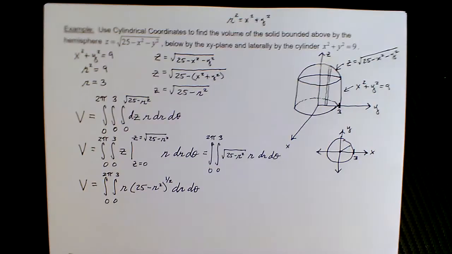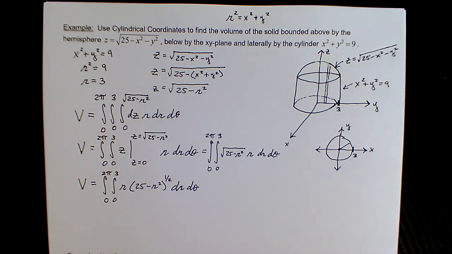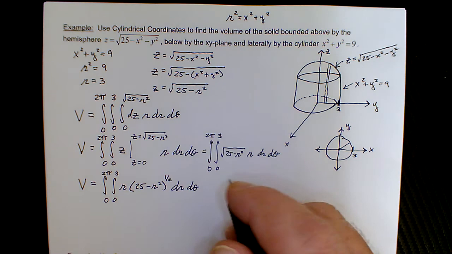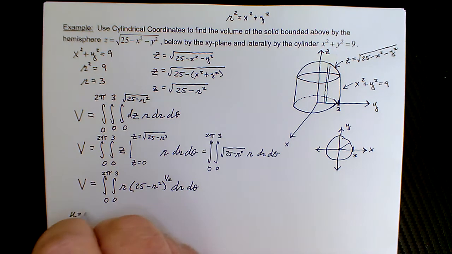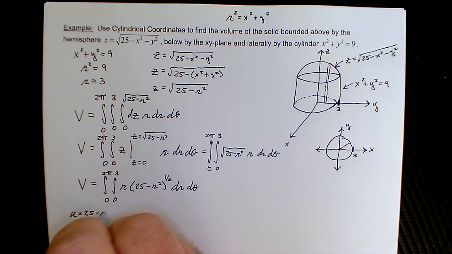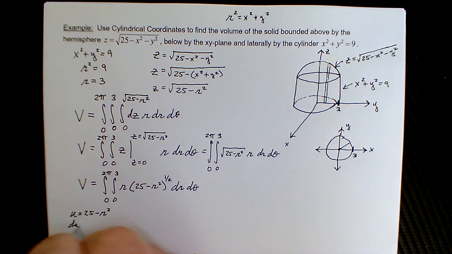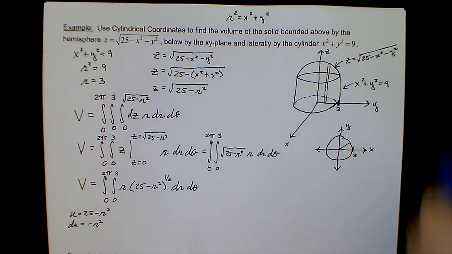And at that point, you can see that it's going to require a u substitution. And so, let's see where I want to do my u substitution. Let me do it underneath. u is 25 minus r squared. du would be minus 2r dr. Excuse me.